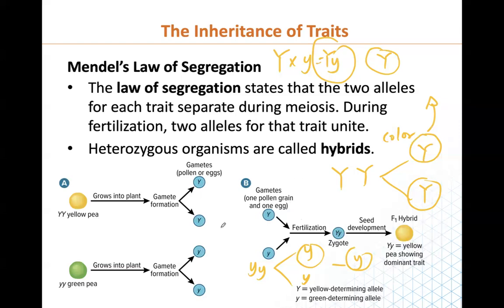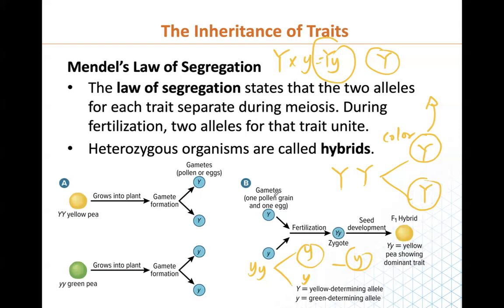So this is the reason it says, in the pea flower, the pollen grains will be used. So we use the pollen grain, the anther produces a pollen grain, and we put it on the stigma of another one.